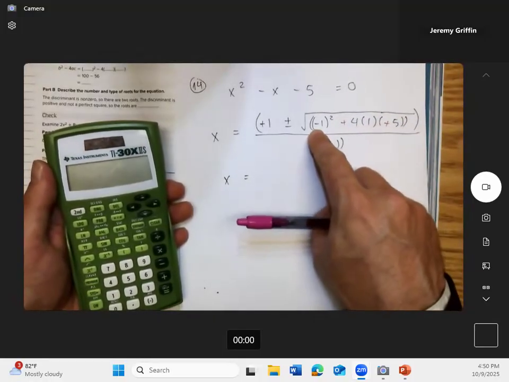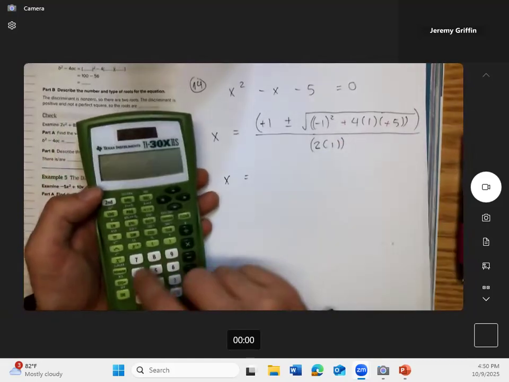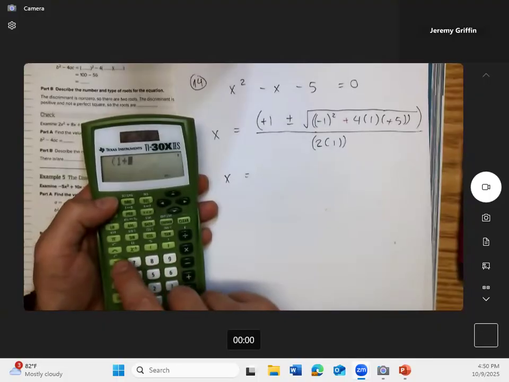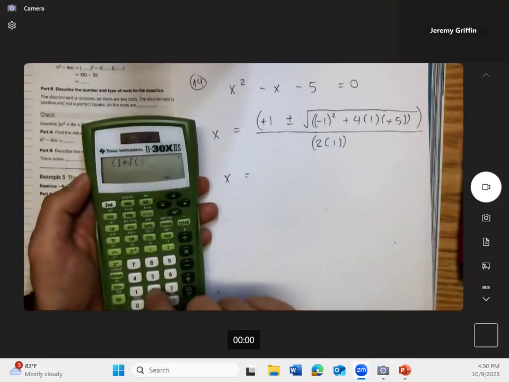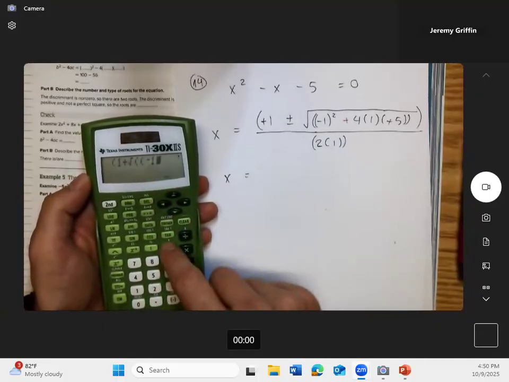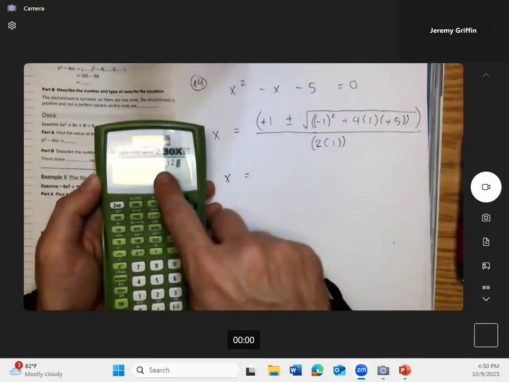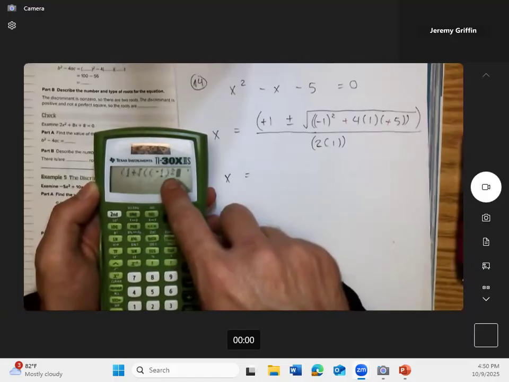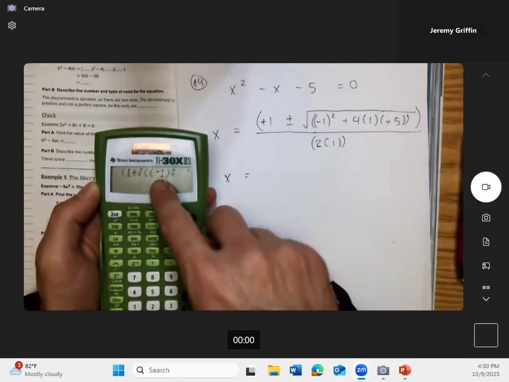This negative doesn't matter at all because it's getting squared. Open the numerator, 1 plus the square root, and then radical. Now, I just typed the negative 1 for completion, but notice that I squared the entire negative 1, including the negative.